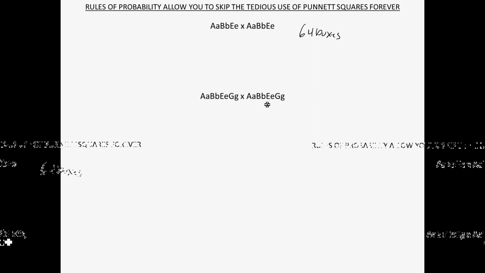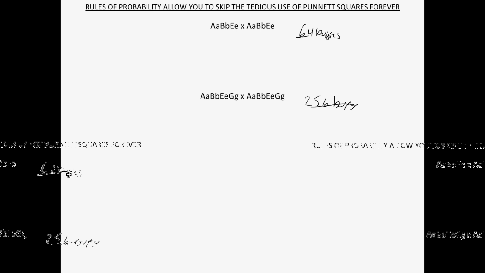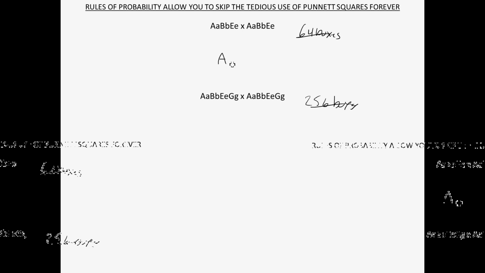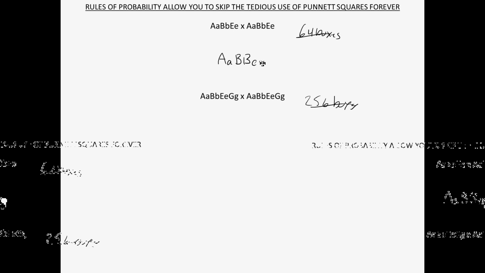What if it was a tetrahybrid cross here? Well, that's going to be 8x8? No, it's going to be 16x16. So 256 boxes here. No way, you can't do that. But what if I was to give you this and say, just to see if you're following this, what's the probability, from this cross, of getting this as an offspring?